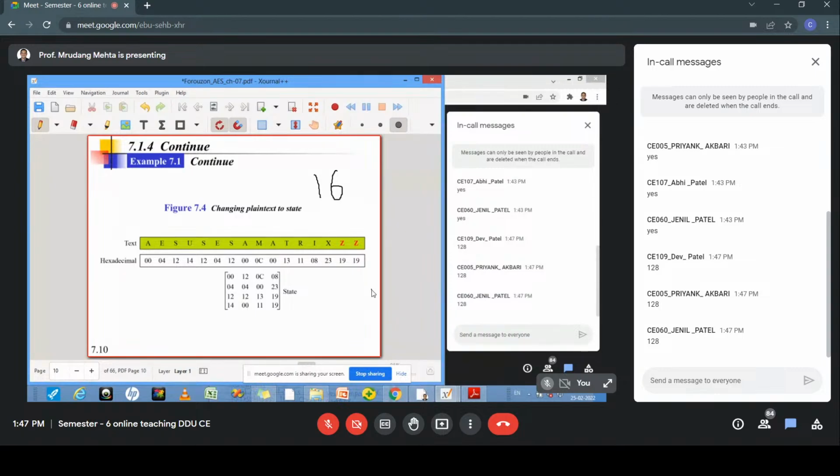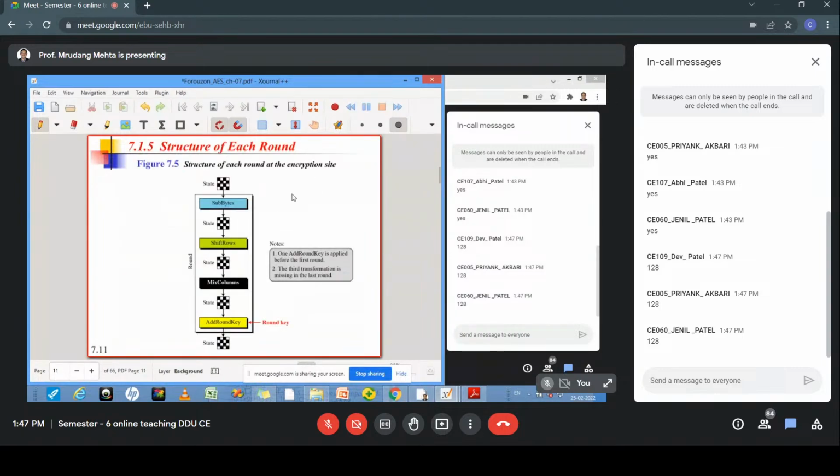that is substitute byte. This is the structure of each round, and you can see that the state is given to the sub byte process. It converts or substitutes bytes, right? So sub byte means substitute byte. Then it produces another state after substitution.